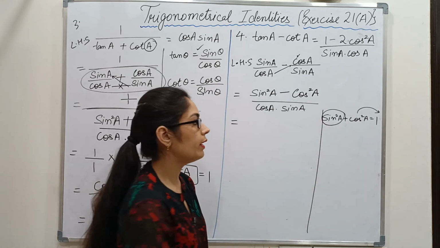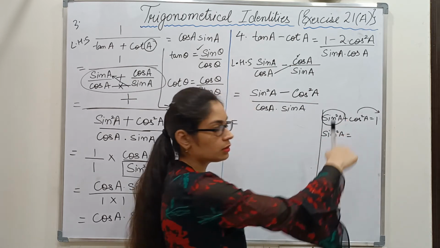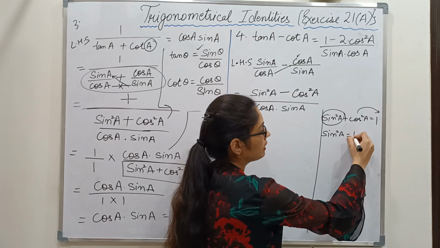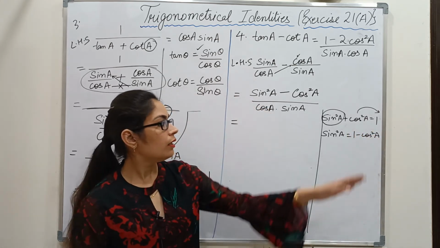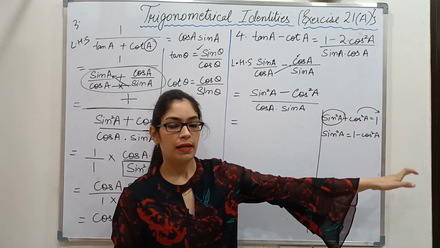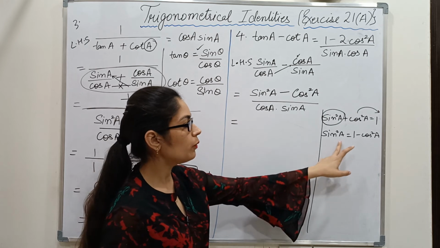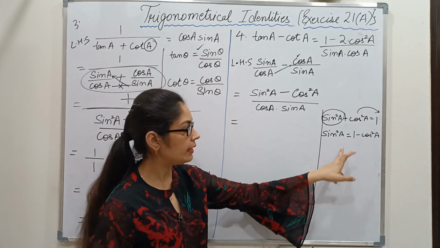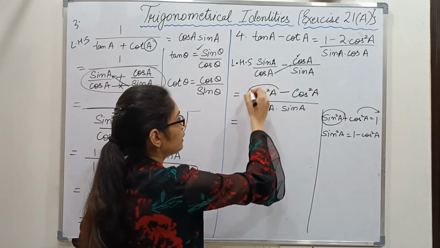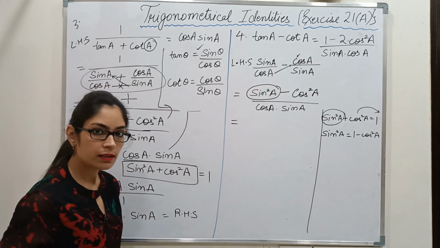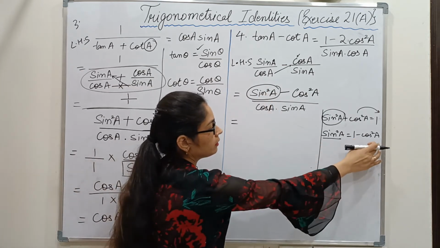We need sine square A, so if we shift cos square to the other side, because it is plus cos square, it will become minus cos square A, because in an equation plus changes to minus when we shift it to the other side. So sine square A equals 1 minus cos square A. In place of this sine square A, just write this thing.